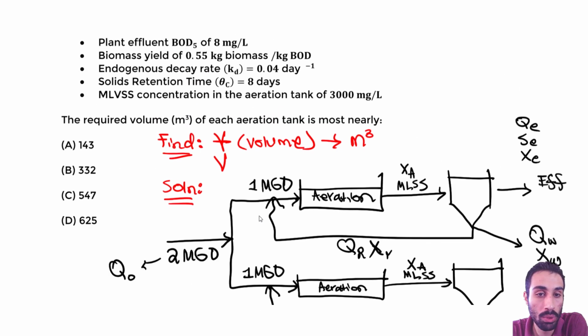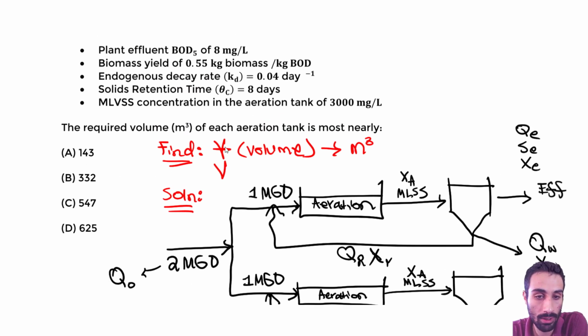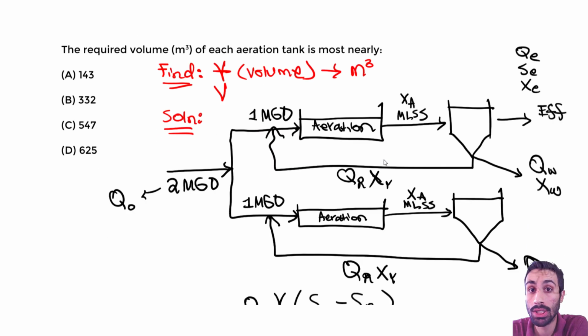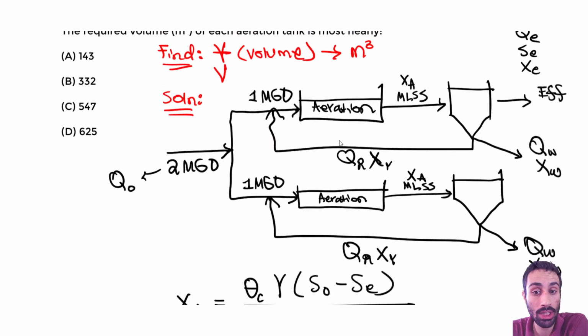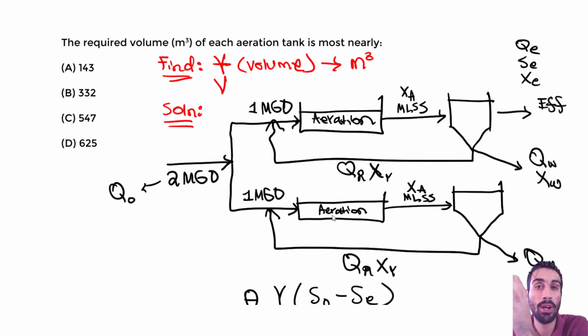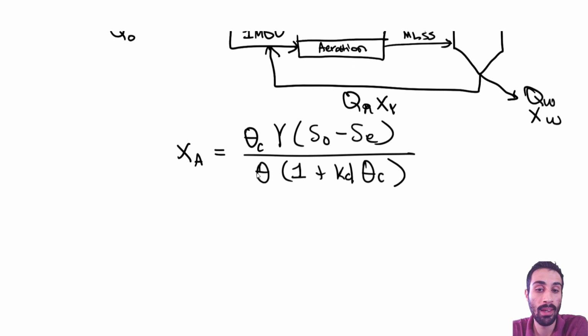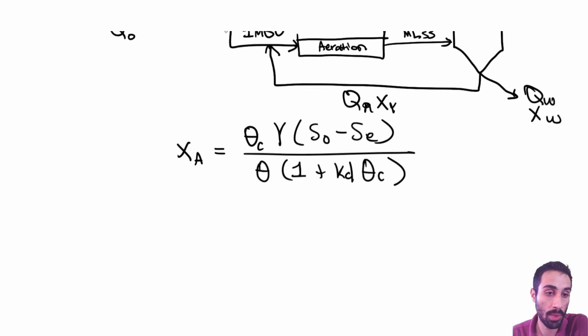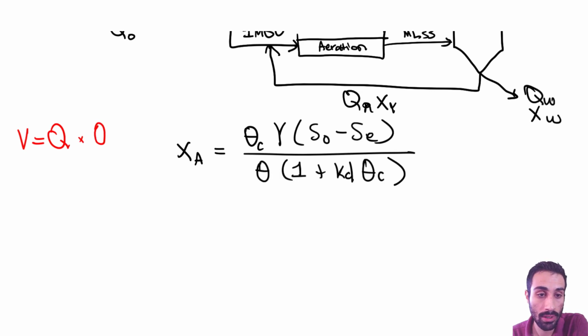So now, how would we do this? We know we want to find the volume, right? And there is one very important definition that relates the volume of the tank, of each tank in this case, keyword, each tank. The volume of each tank can be arrived at by doing what? The volume is just your Q value times your hydraulic residence time, or the detention time.